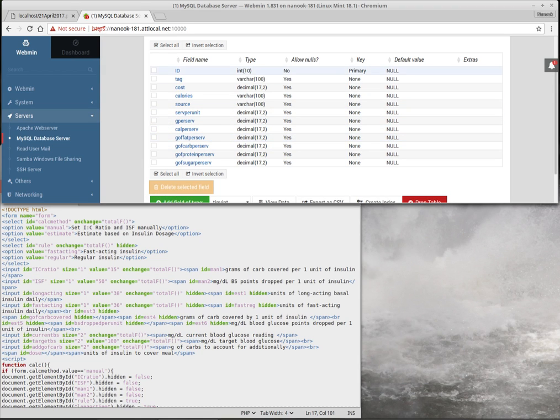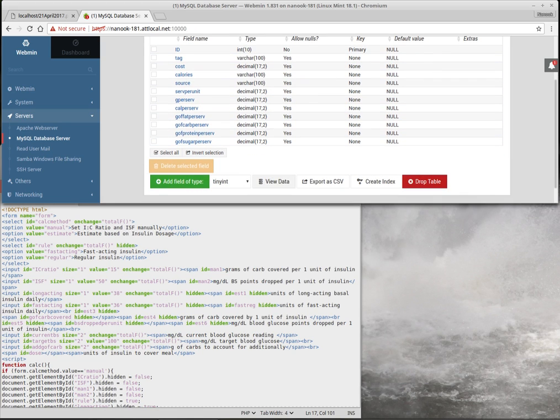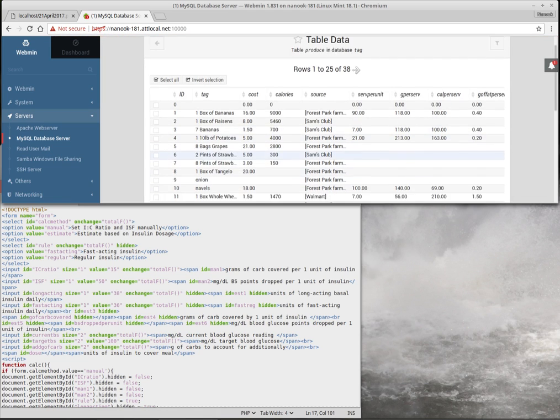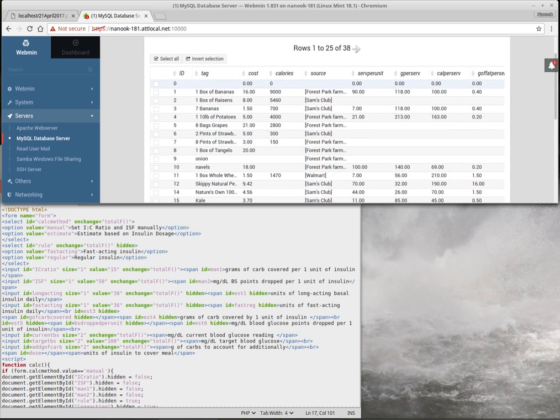So within the database there are fields which would be the different types of information for each selection, and then within viewing the data, you have information for each one of the things.